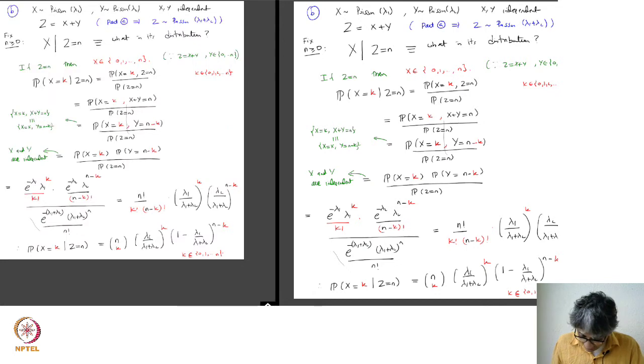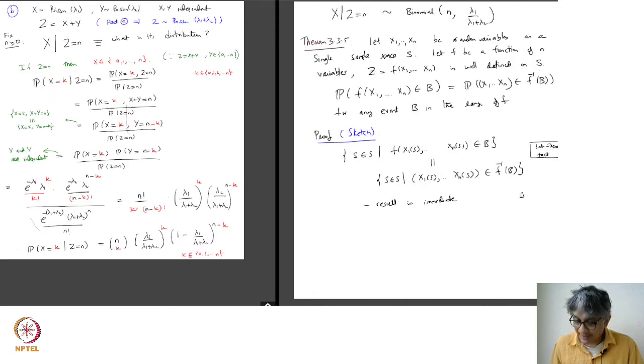And this we figured out was the same as saying that x given z equal to n was binomial n, lambda 1 over lambda 1 plus lambda 2. It's an interesting fact. If you have two Poissons and you condition on the sum, then the individual Poisson becomes a binomial.